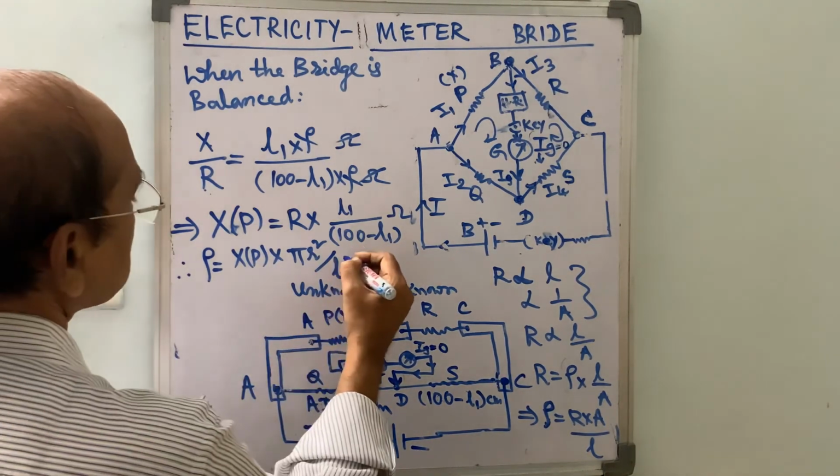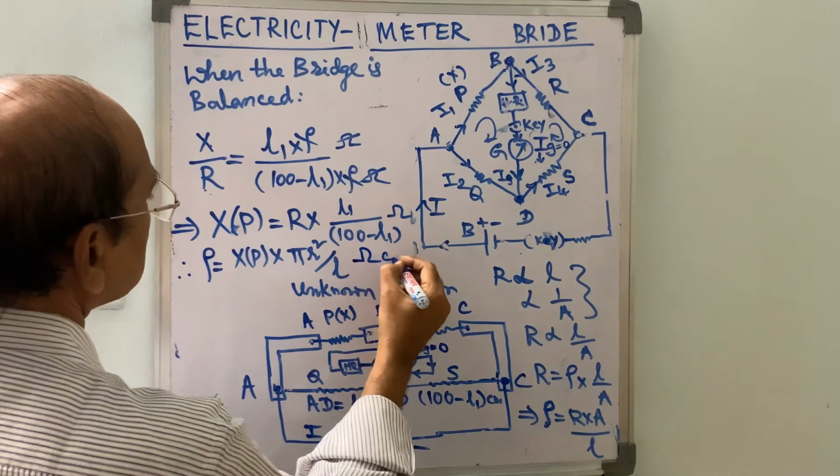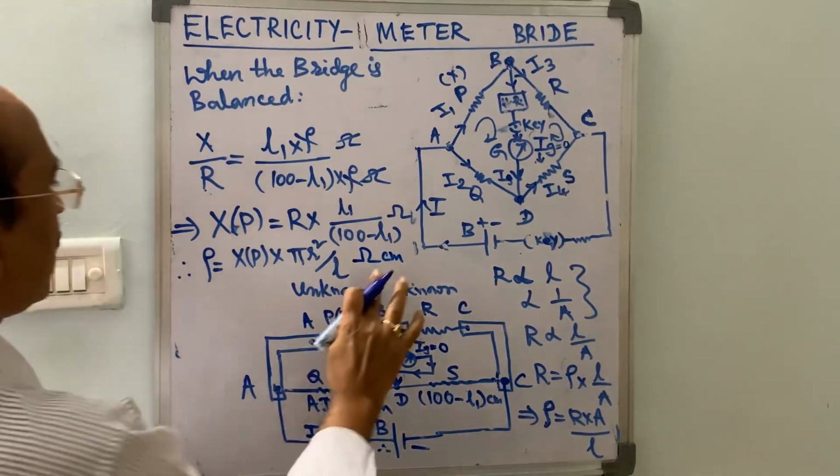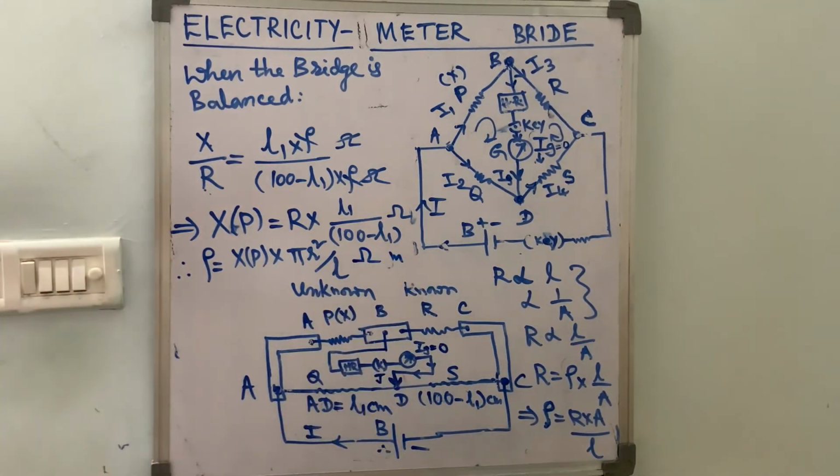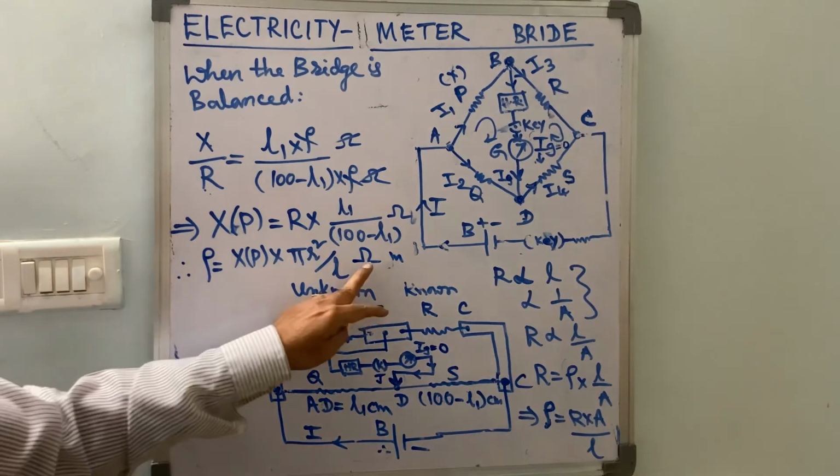The unit is ohm meter in the SI system. So specific resistance is in ohm meter.